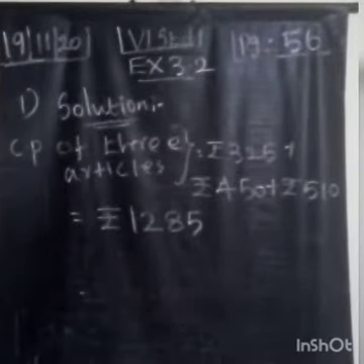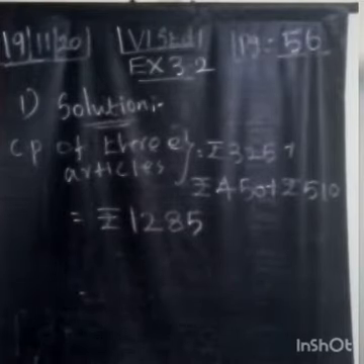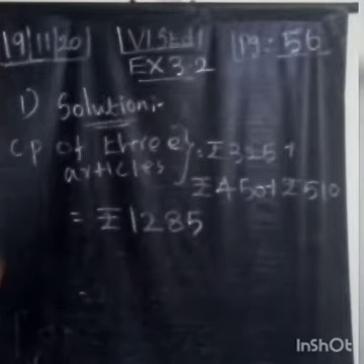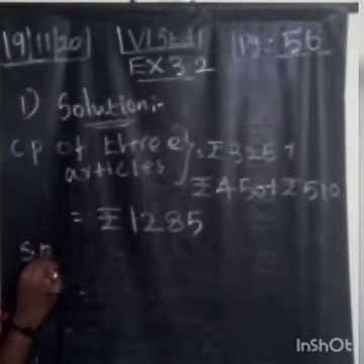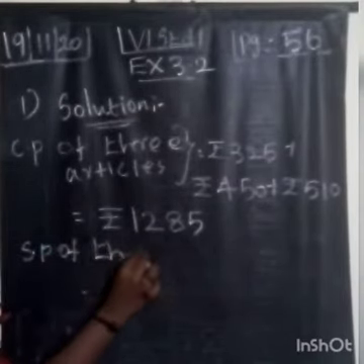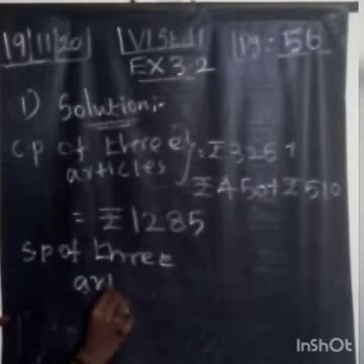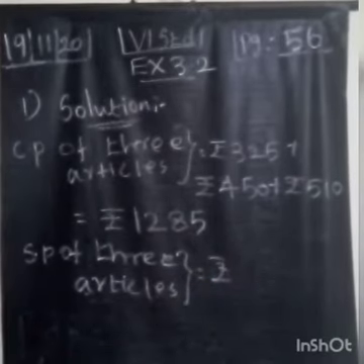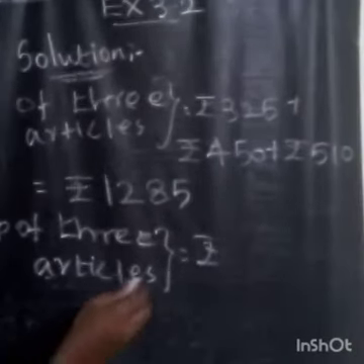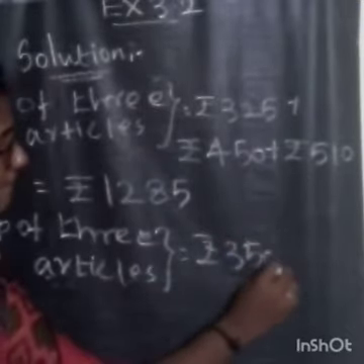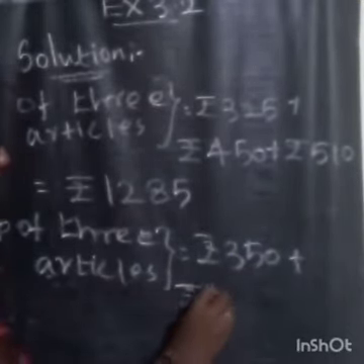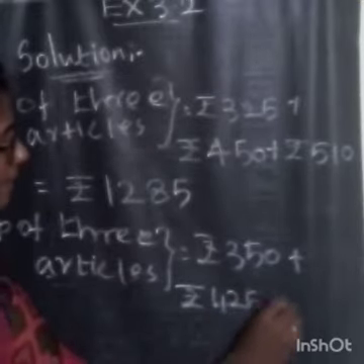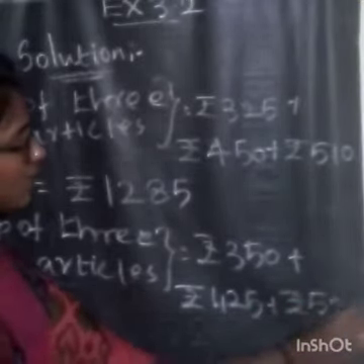And then he is able to sell them for rupees 350, 425 and 525. So here is the selling price. So the selling price of 3 articles is rupees 350 plus rupees 425 plus rupees 525.